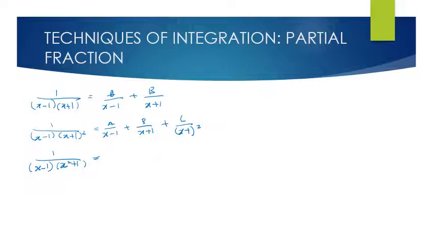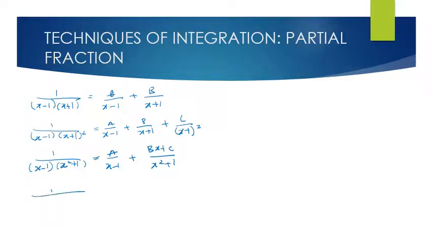So we can solve by using partial fractions. To split this one, we have a over (x - 1) plus, since we have x squared + 1, the power 2 is inside the bracket itself, so it will affect the numerator. So we have (bx + c) over (x squared + 1).